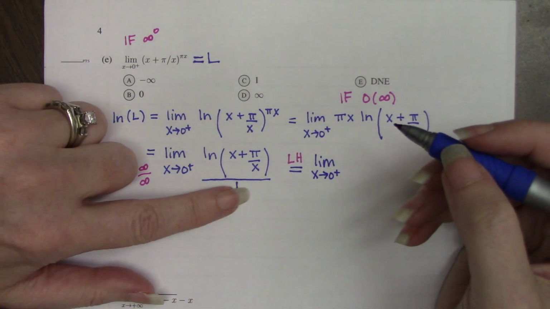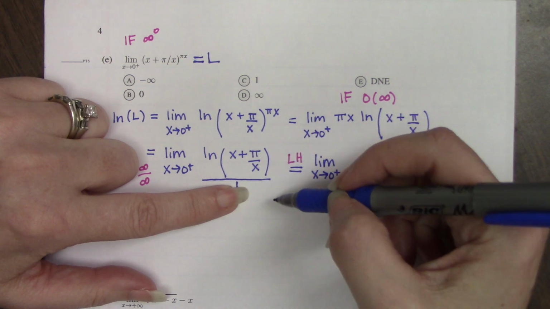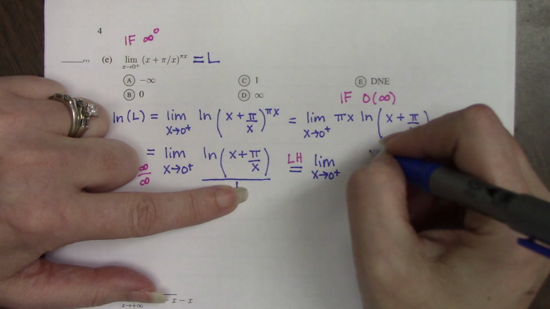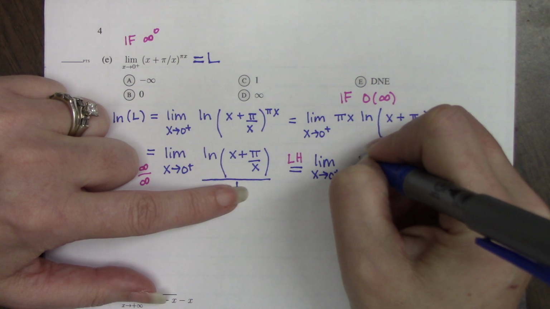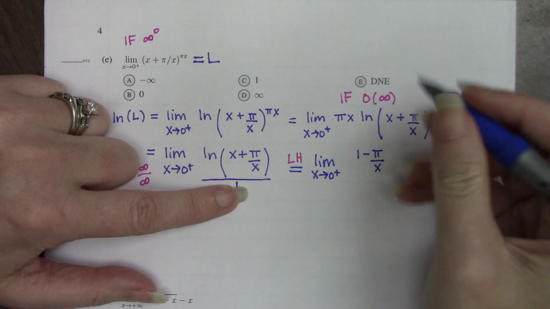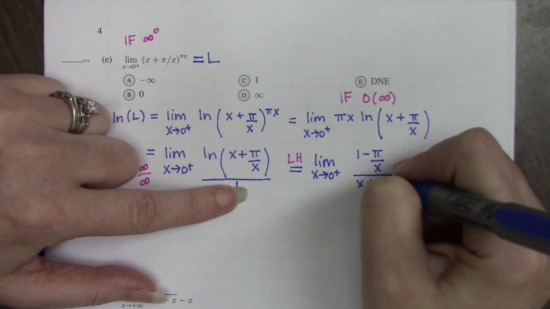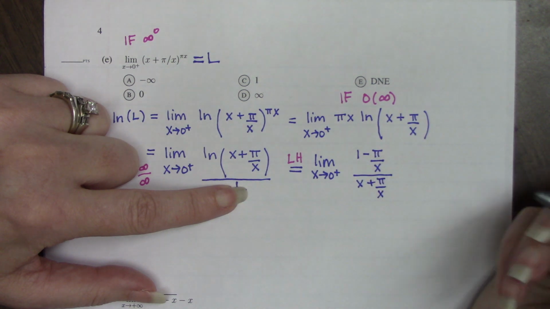So the derivative of the numerator, this is ln of u, so the derivative is going to be u prime over u. And so the derivative of this is going to be 1 minus pi over x squared, divided by x plus pi over x.